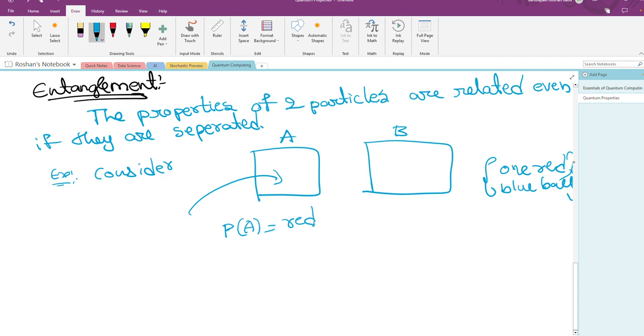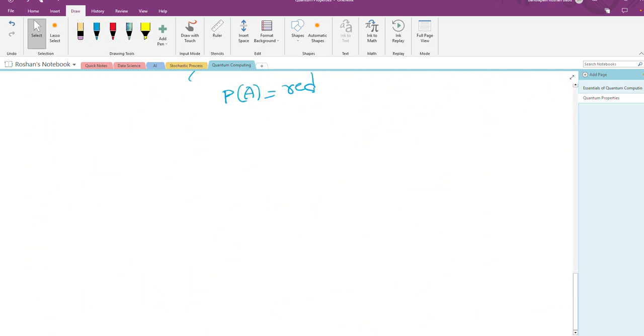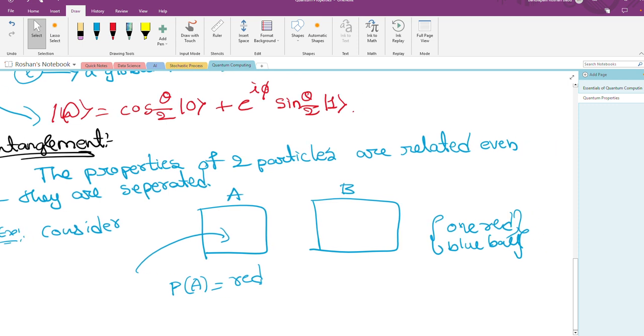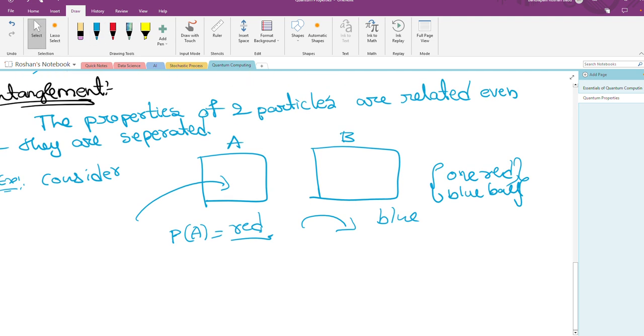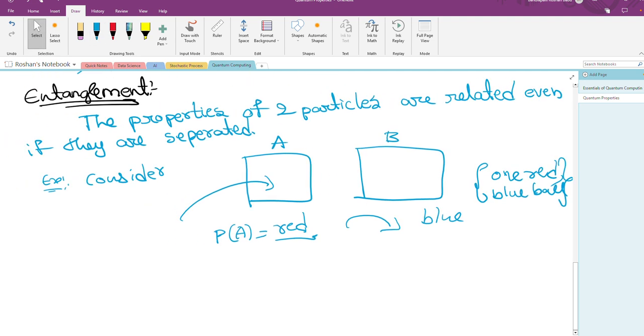Since we have only two possibilities, if one is red, the other is obviously blue. It looks similar to a coin toss.